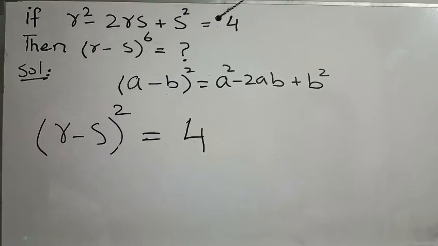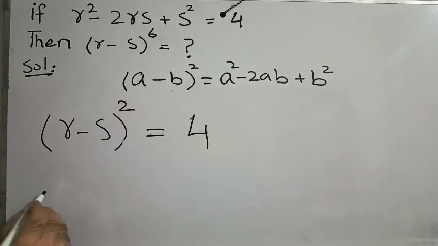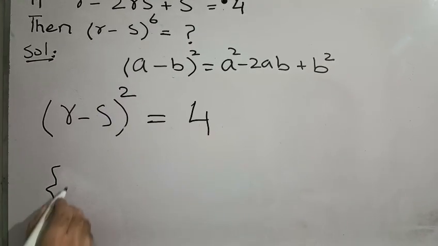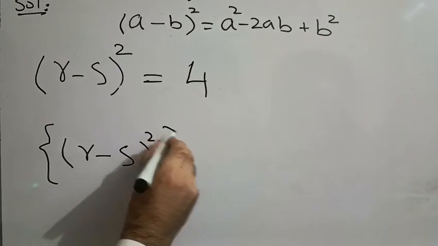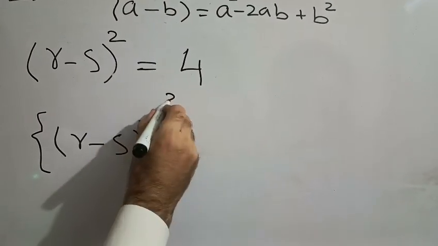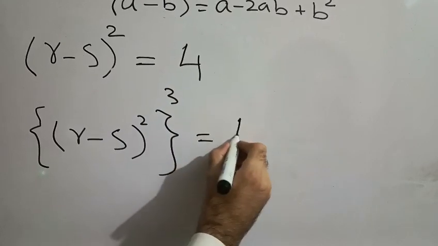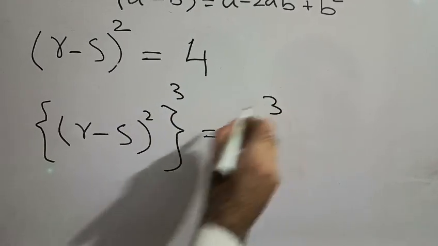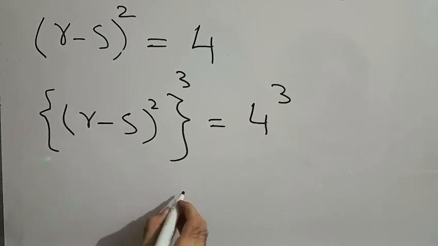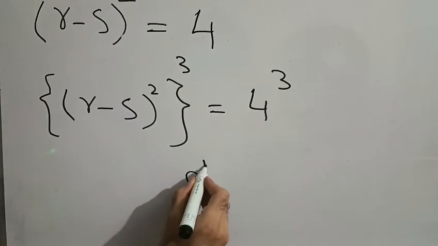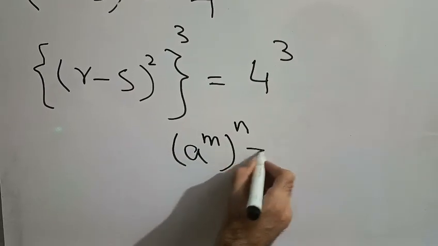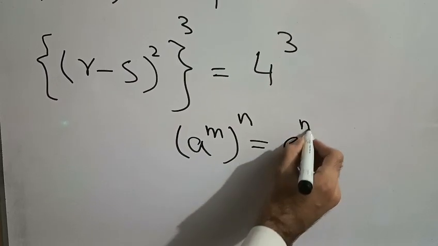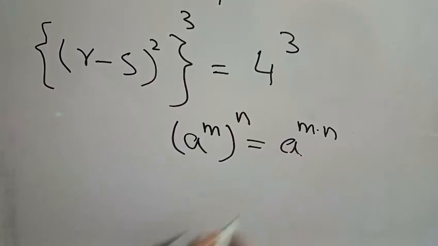Now, taking cube on both sides of the equation. So let's take cube on both sides of the equation. ((r minus s) square) all power 3 is equal to 4 power 3. Now, according to the exponent rule, (a power m) all power n is equal to a power m into n.